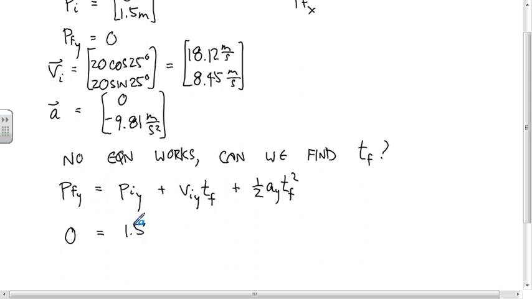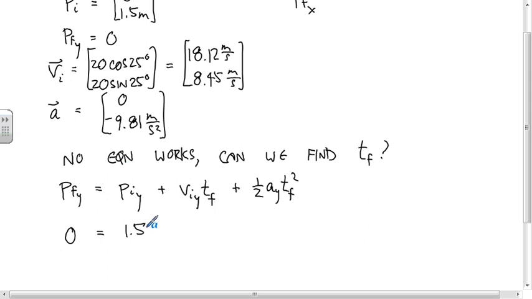Oh, and by the way, I've been keeping my units in all the calculations up until now. At this point, I'm going to stop doing that, and feel free to do that too. I want you to put units in your final answers, but you can skip all the units. You can keep doing it if you want, but it just saves some time to leave them out.